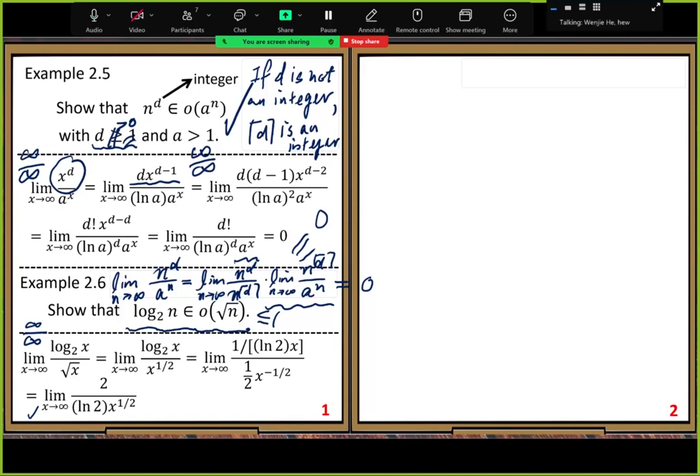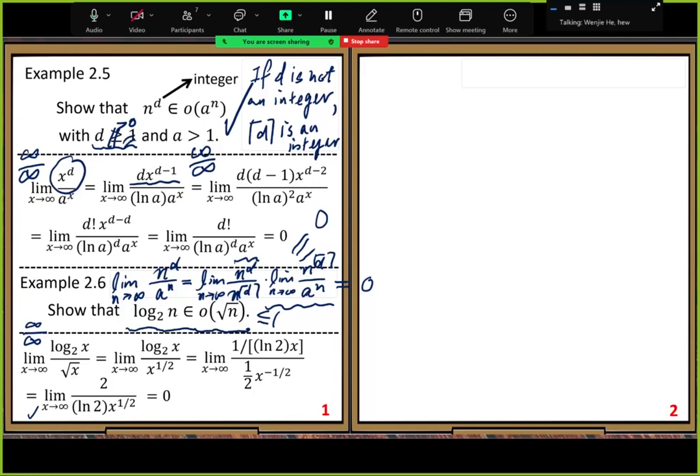So at this point, we can calculate the limit directly, because the numerator is constant and the denominator goes to infinity when x goes to infinity. A constant over infinity, we know its limit is 0. So the limit is 0. This is the continuous version limit.